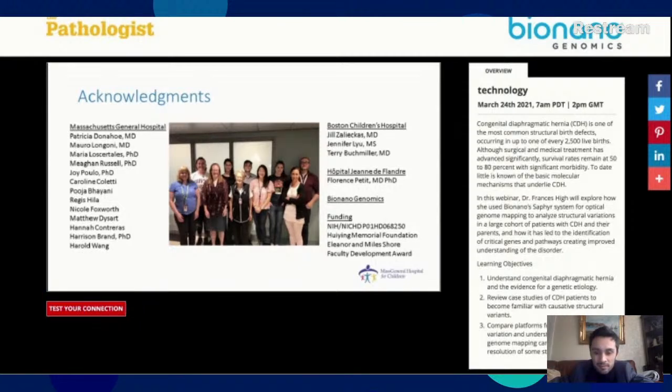So our software will build the entire genome structure completely de novo on every single sample that is analyzed. And then once that genome is built, it can be compared against a reference to call structural variants. So yes, the whole genome gets built.